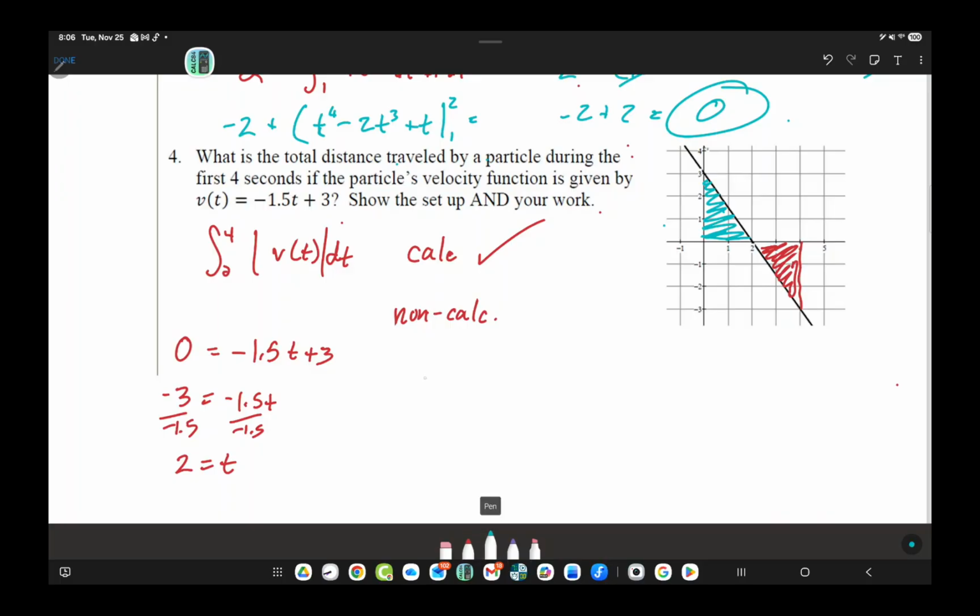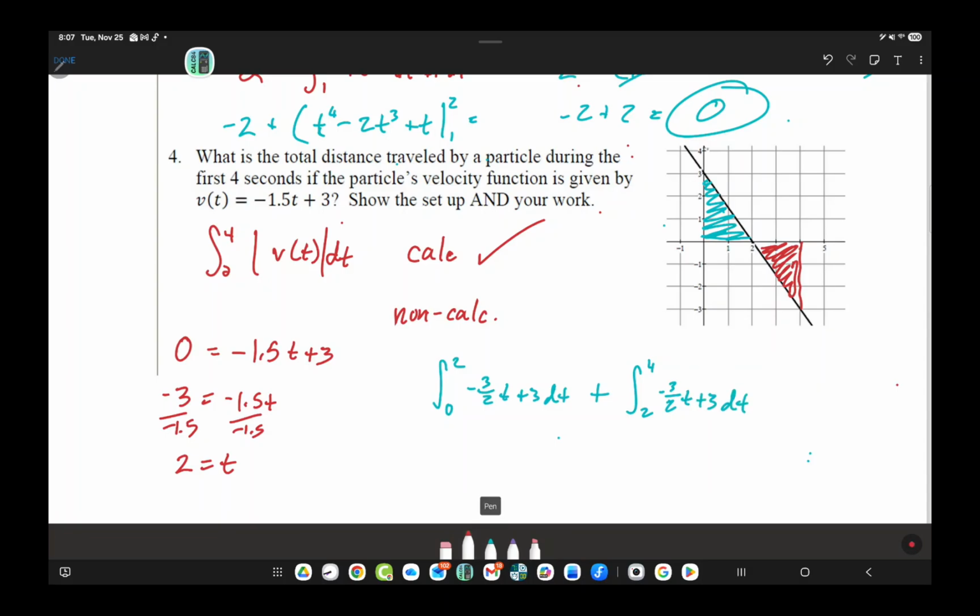What I'm going to do is take the integral from 0 to 2, where it crosses the x-axis, of, I'll write this as a fraction to make it easier, negative 3 over 2 t plus 3. And I'm going to add the integral from 2 to 4 of negative 3 over 2 t plus 3 dt.